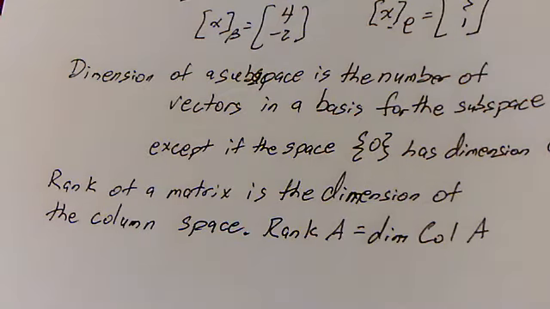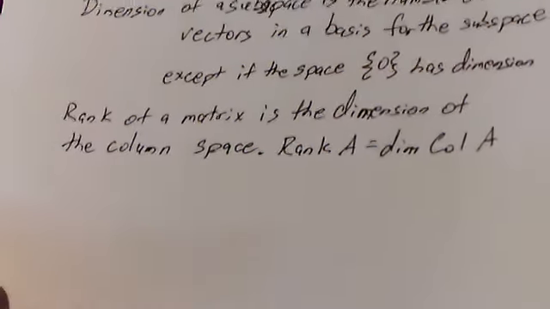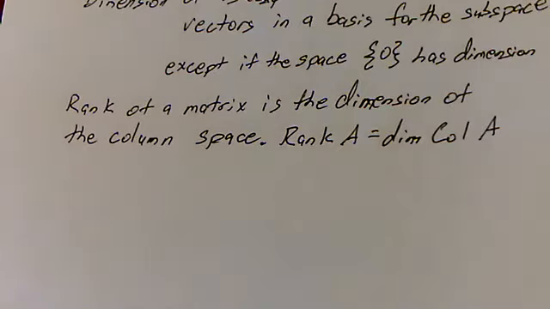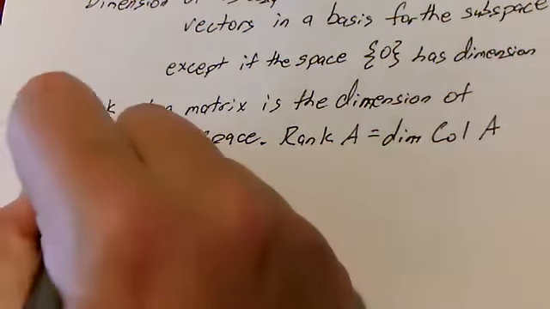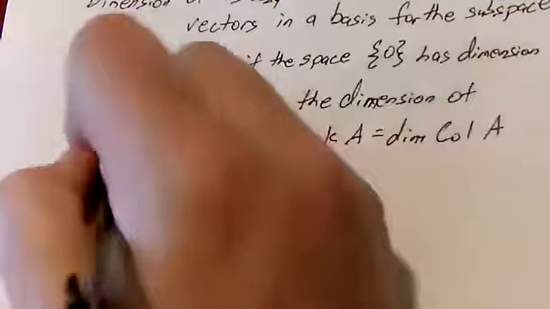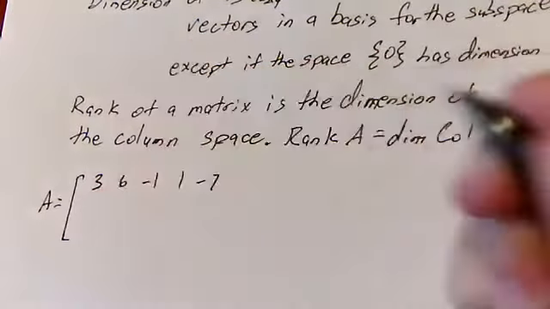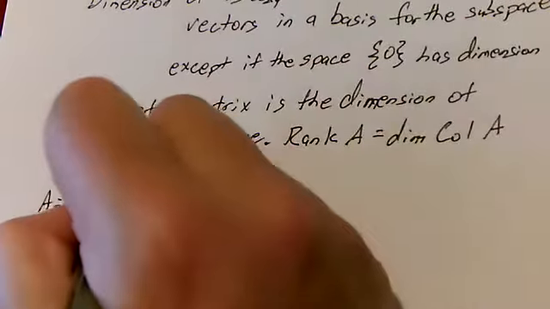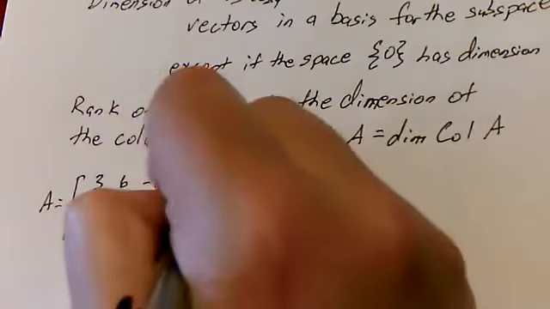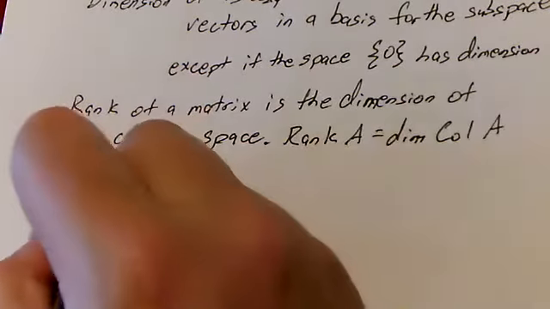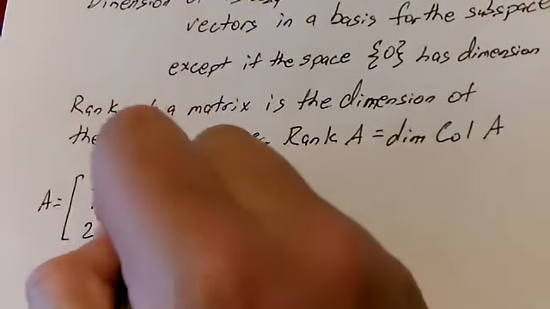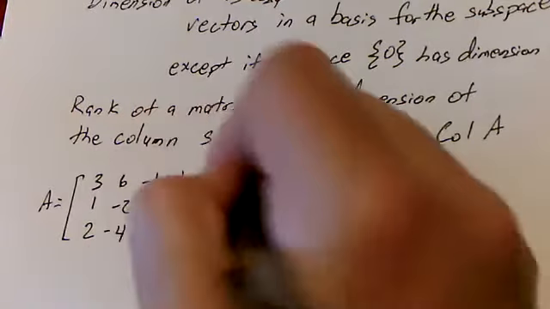So let's take a look at a matrix and make some observations about it, based on what we learned in 2.8 and now our new definitions. My matrix A has rows 3, 6, negative 1, 1, negative 7; 1, negative 2, 2, 3, negative 1; and 2, negative 4, 5, 8, negative 4.